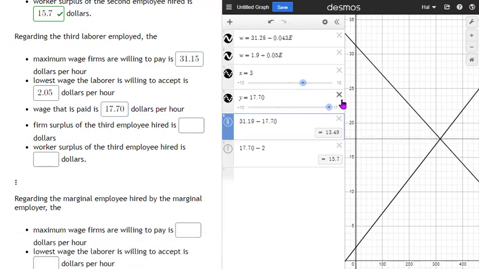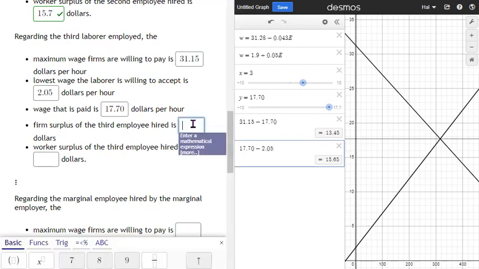I need to change this to 31.15, and I need to change this down here to 2.05. So this calculates the firm surplus of hiring that third worker, 13.45. And this calculates the worker surplus of that third worker, 15.65.